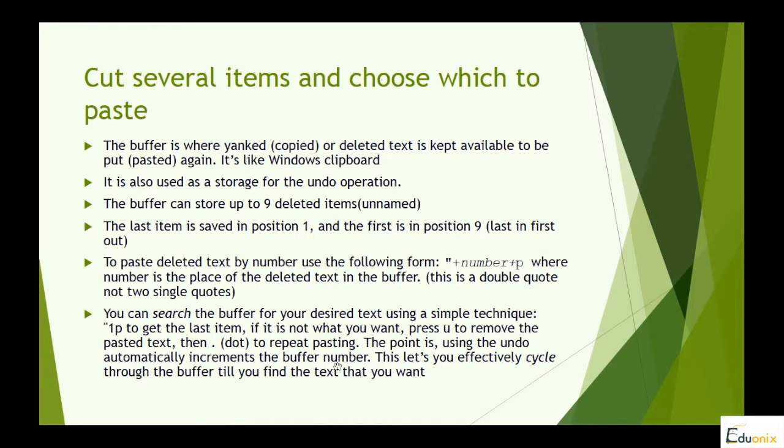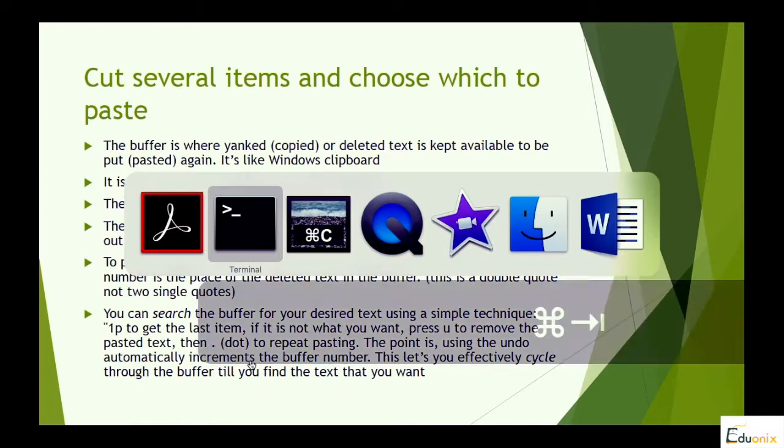What does this mean? It shifts the first place in the buffer to be the second, the second to be the third, the third to be the fourth, etc. It cycles through the buffer, and this way you can always use quotation 1 P and then U and then dot in order to search and cycle through all the items in the buffer until you find what you're looking for.